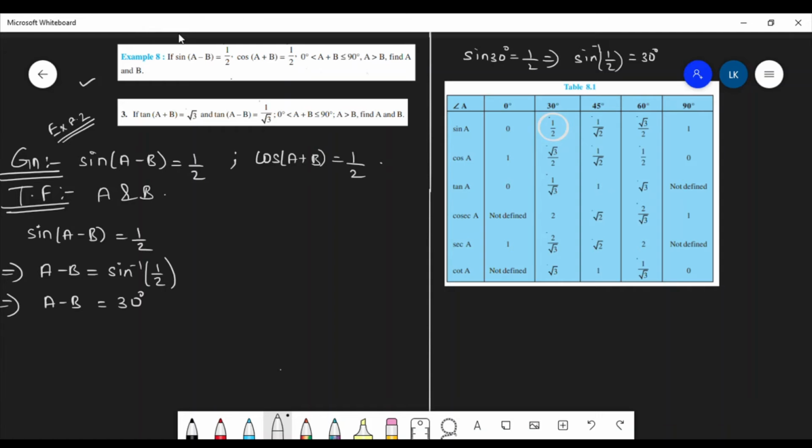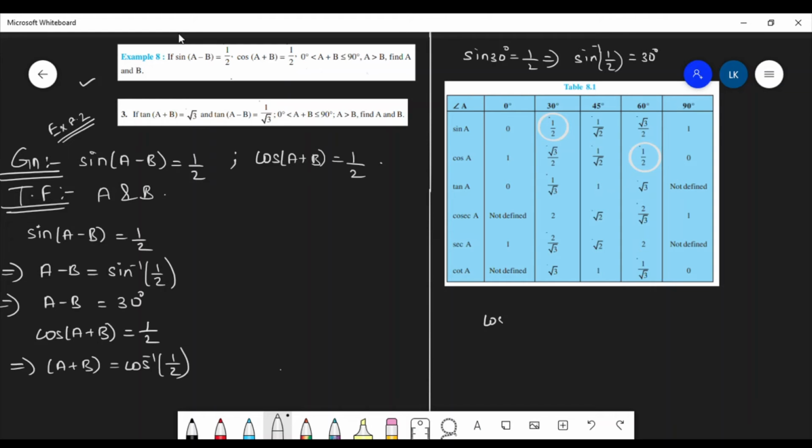From the given data, cos(A plus B) is equal to 1 by 2, which implies A plus B is equal to cos inverse of 1 by 2. What is cos inverse of 1 by 2? See the tabular column here. 1 by 2 comes under 60 degrees.